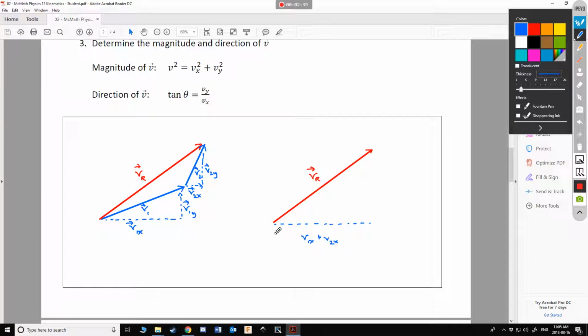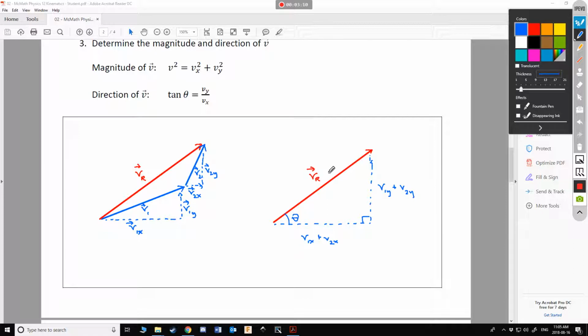Right here, this is just going to be v1y plus v2y. And now that we have this very simple triangle, we just use the Pythagorean theorem: x squared plus y squared equals the hypotenuse squared. And with inverse tan, we can find the overall direction of this final vector.